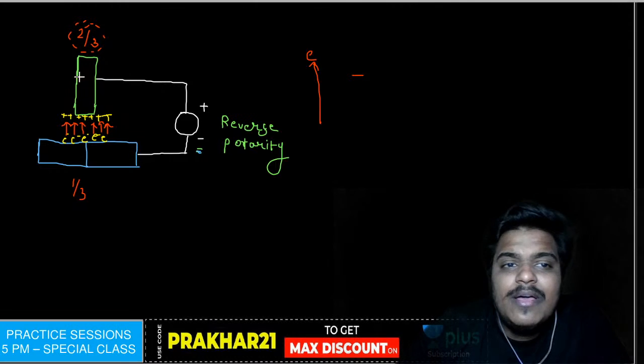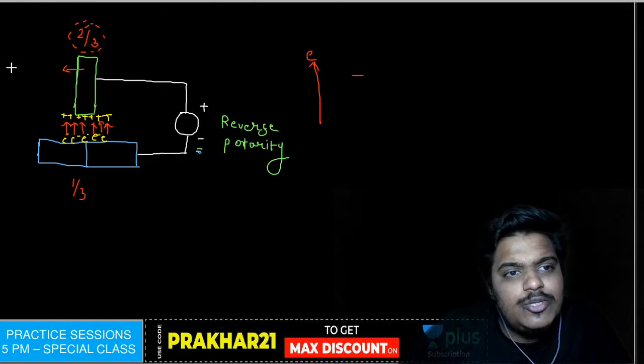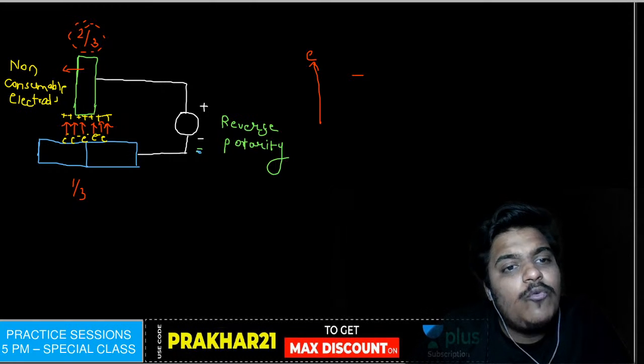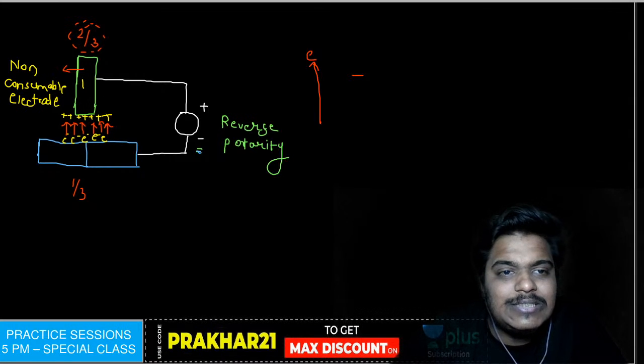So that is why we try to make this electrode of a material such that it becomes a non-consumable electrode. Is it clear? Now, what is the material which will not easily melt? That is tungsten.